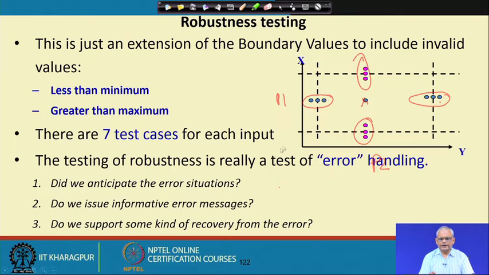The main idea behind robustness testing is that, do we anticipate the error situations? Do we display informative error messages when the value is invalid? Is there some kind of recovery from the error? So, those are the main objectives of the robustness testing, to check whether the programmer has handled invalid values satisfactorily.